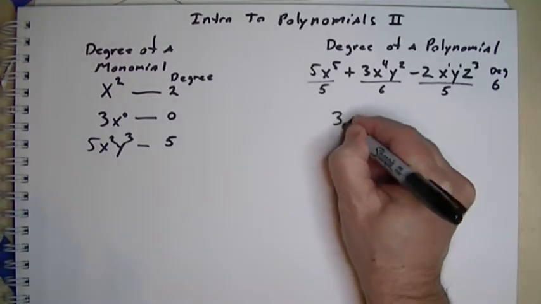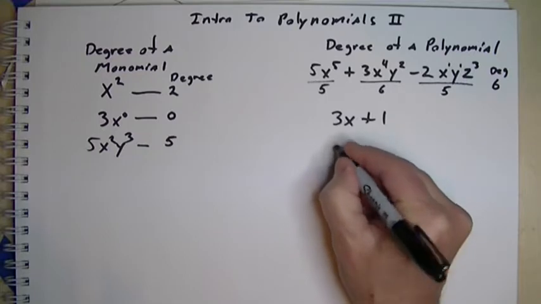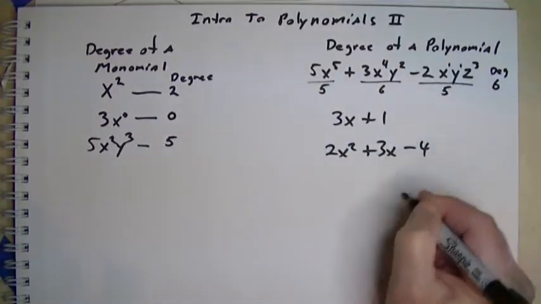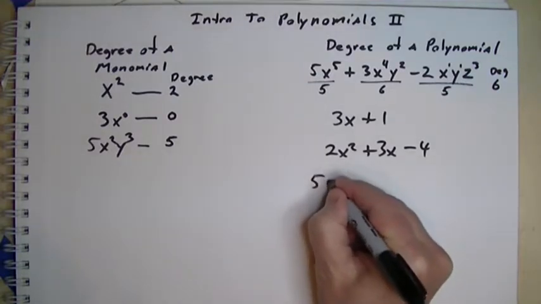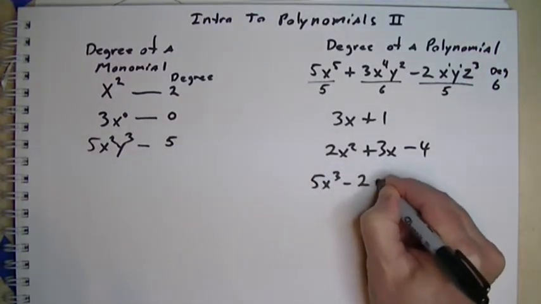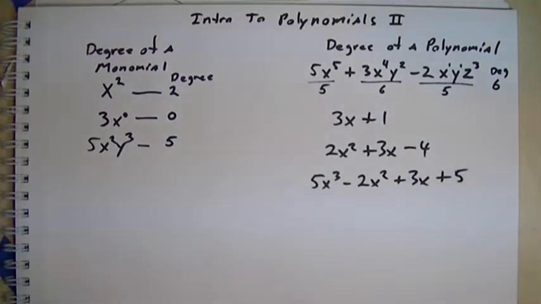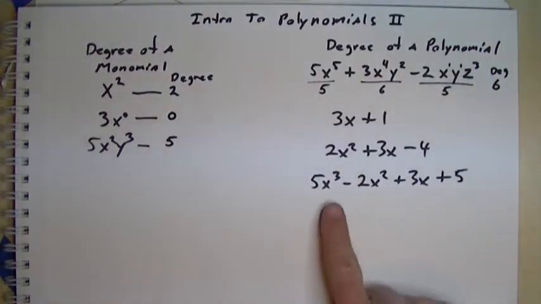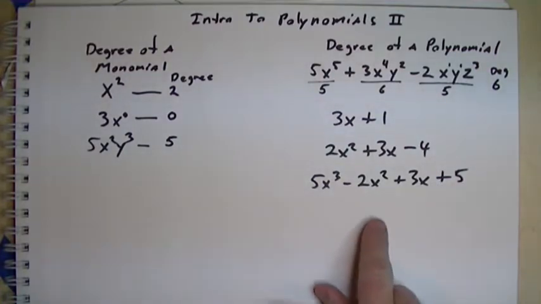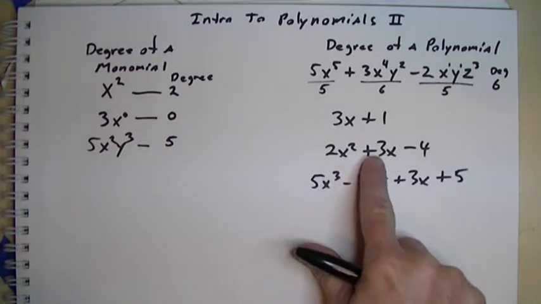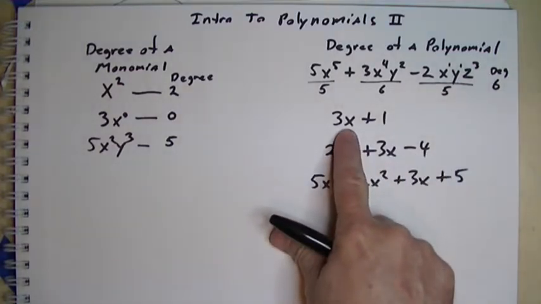You might see a 3x plus 1, or a 2x squared plus 3x minus 4. Or a 5x cubed minus something like that. Notice that these are all in one variable. You might also notice that these are written in descending order of the degree of the term.